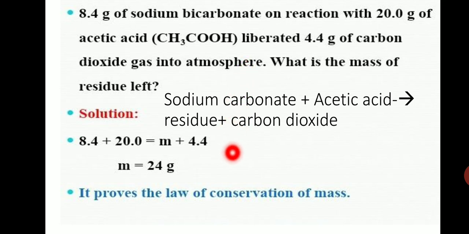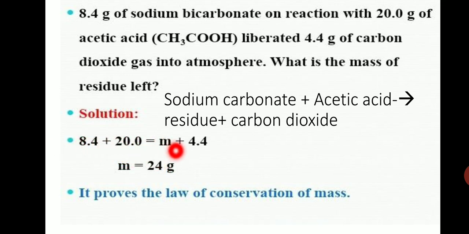These values are in agreement with the law of conservation of mass, so you can write mass of the reactant is equal to mass of the product. From that you can find X, that is the residue mass. 20 plus 8.4 is 28.4, minus 4.4. 28.4 minus 4.4, what you get is 24 grams.